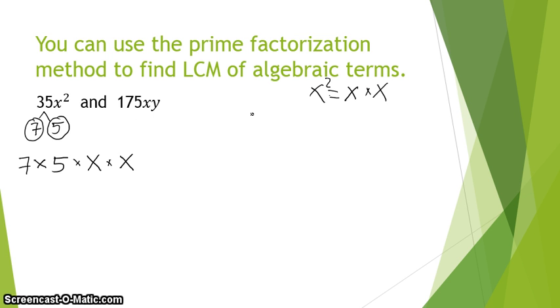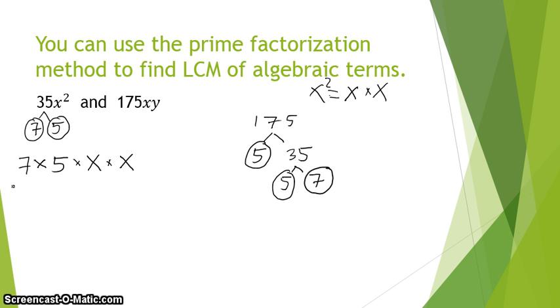Then I'm going to break up 175. I'm going to take it to the side here. So 175 ends with a 5. So I know for sure that I can divide it by 5. And when I divide it by 5, I end up with 35. I can divide 35 by 5 also, and I will end up with 7, which is also a prime number.